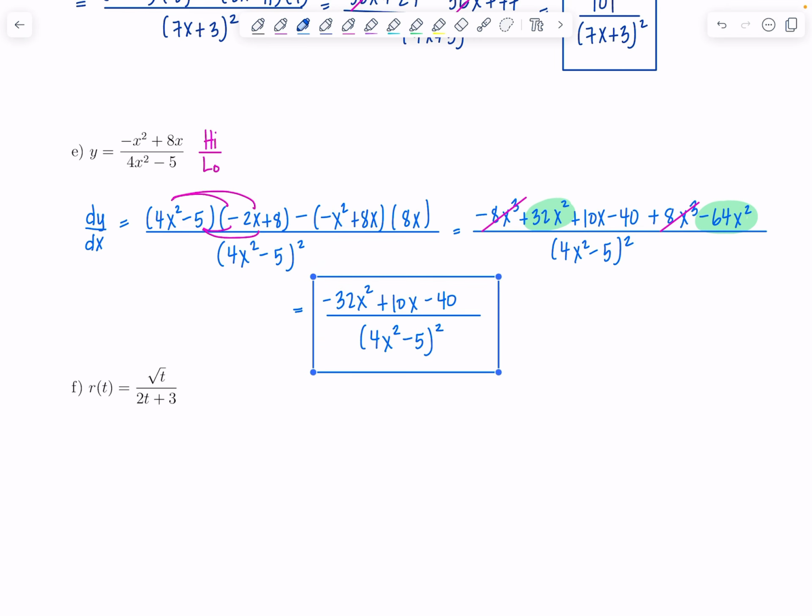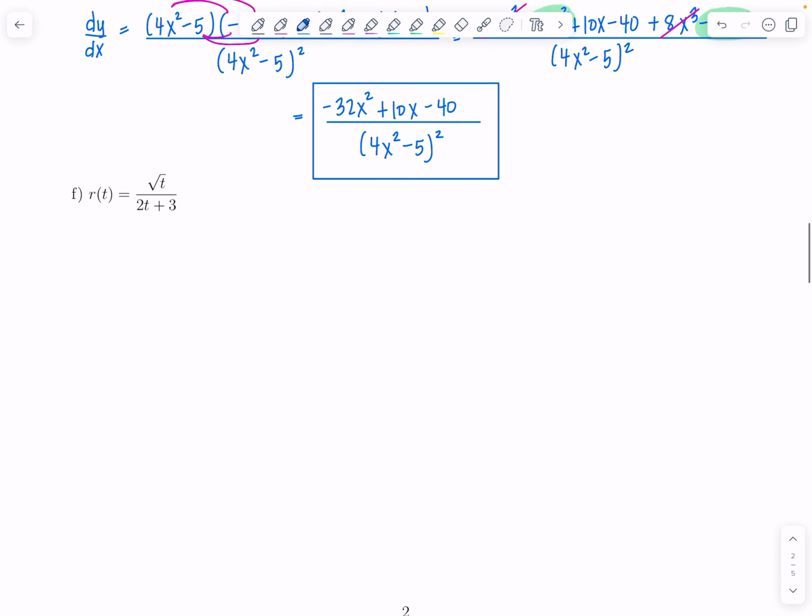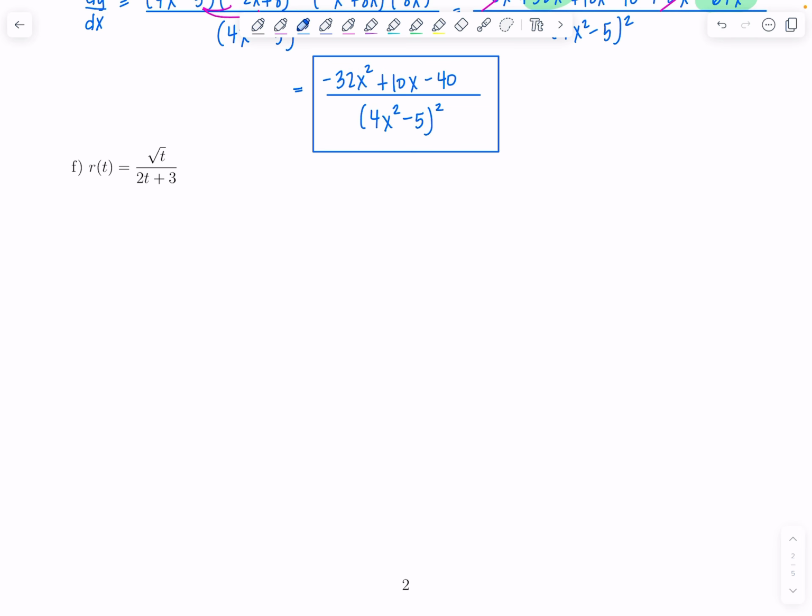Fabulous. Very good. Okay, we're going to spice things up a little bit, throw in a square root. You guys can handle it though. I would say before you even start taking the derivative, rewrite this. This is t to the 1/2 over 2t plus 3. Okay, so here we go.